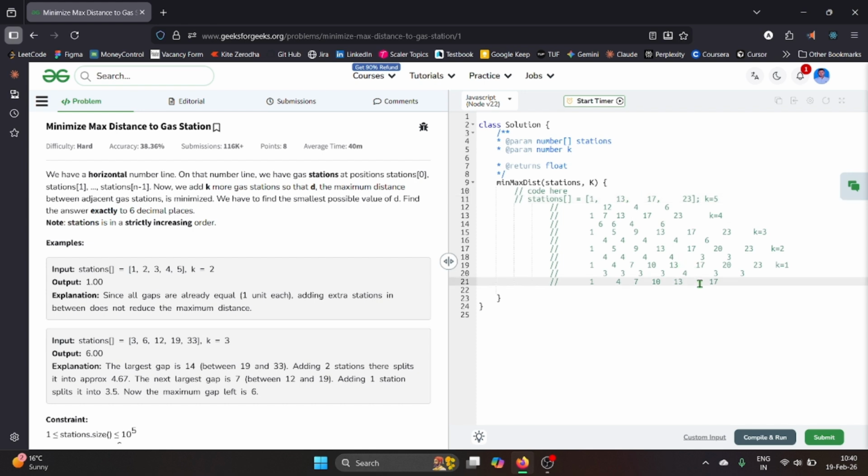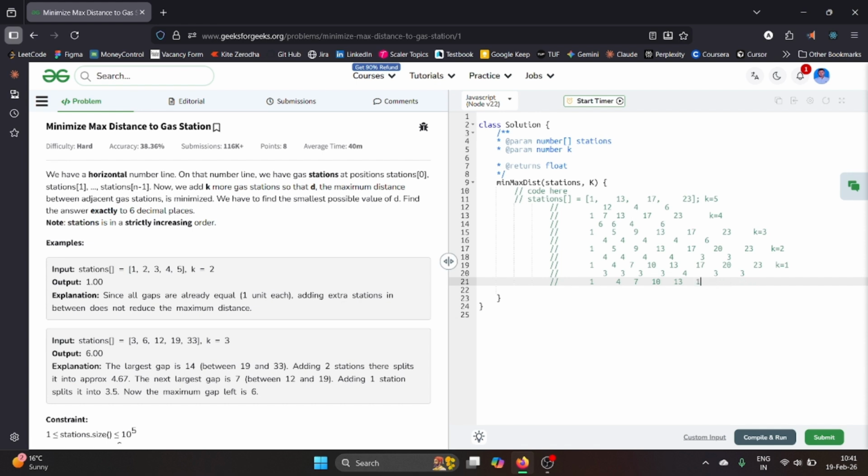So we can simply put it over here, and if we put one gas station, then two gaps will be created, and the distance in between is 4. So 4 divided by 2 equals 2. So we will put our new gas station at every 2 distance.